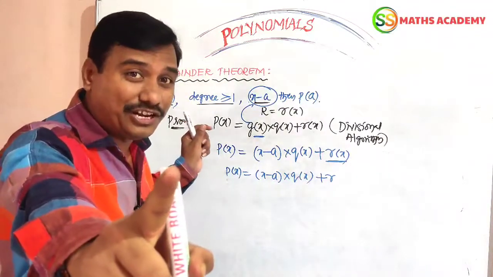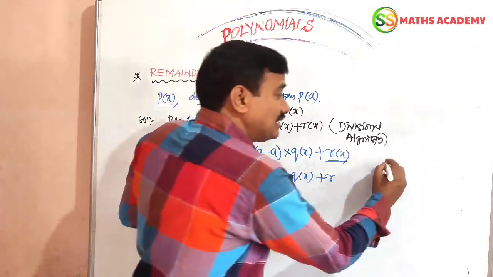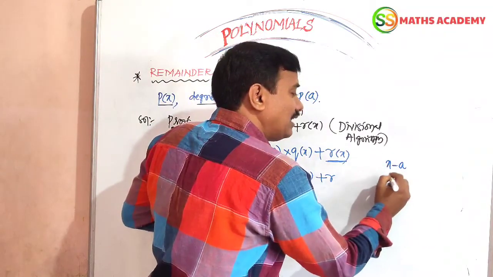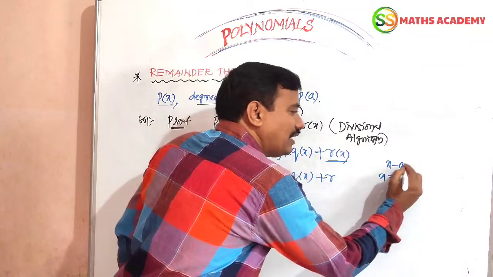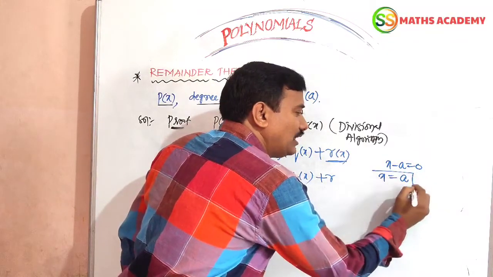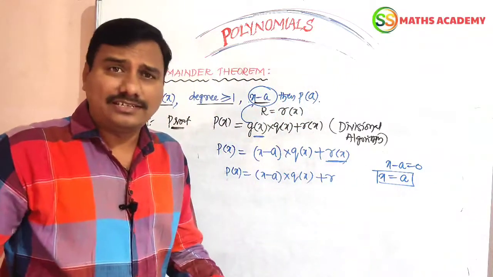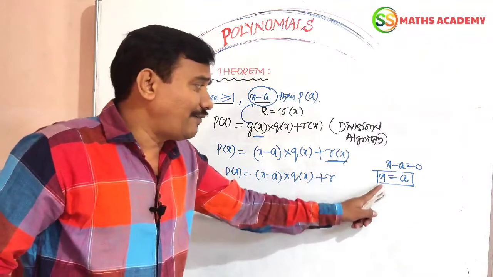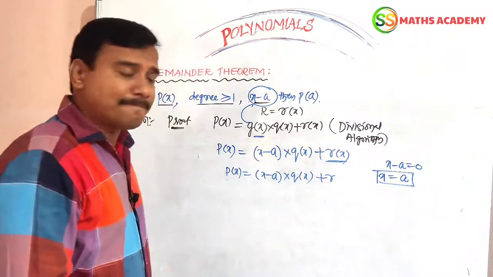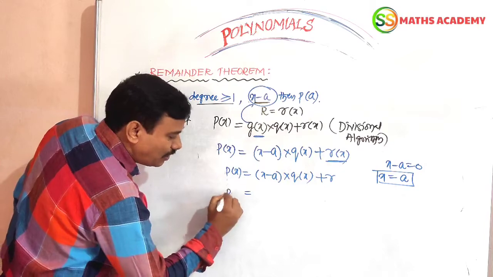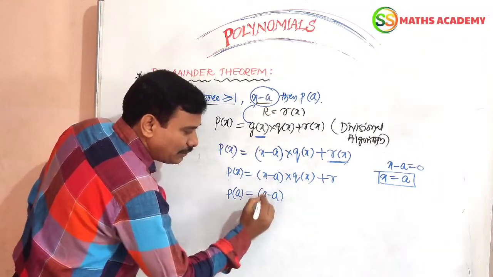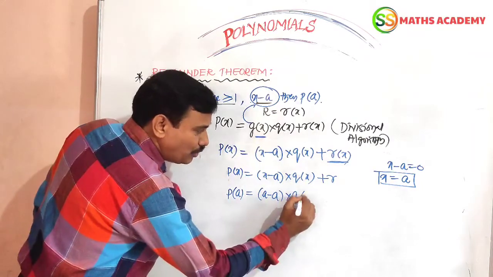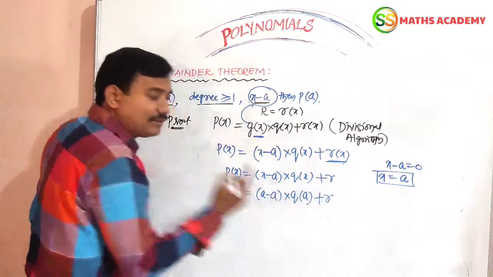A very important point: x minus a is the dividing term, the divisor, which is a factor, so in the place of x we have to substitute a. In the place of x I am substituting a, and a minus a into q of a plus remainder r.